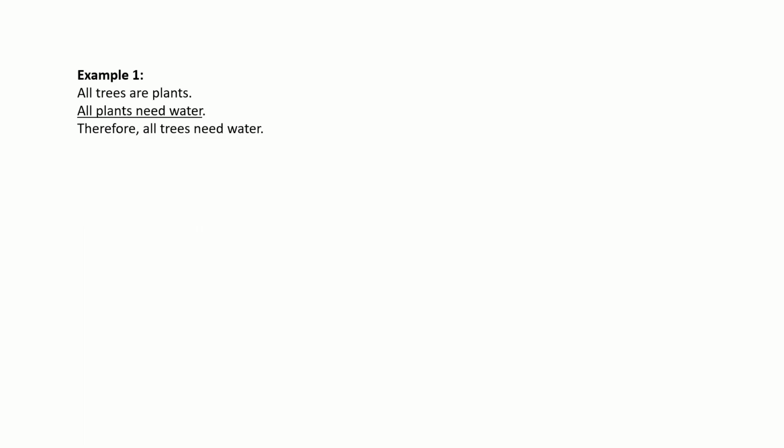We start with the first statement, all trees are plants. And that means in the circle of trees, so if we imagine we have all the tree names here in this circle for trees, then all of them are plants.